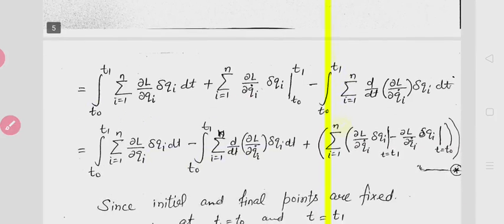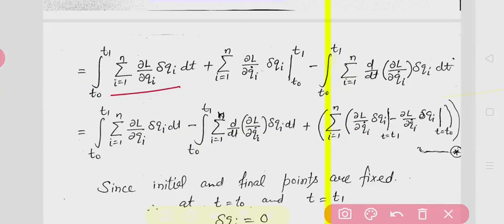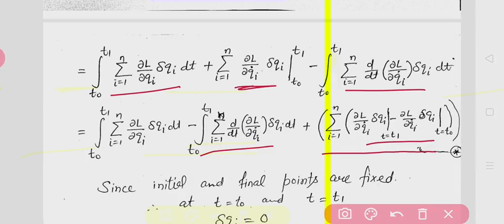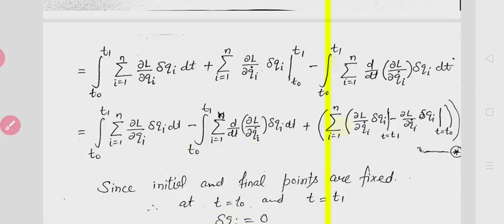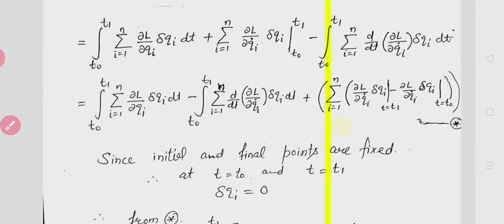So when you collect the terms, take the first as it is here, and this will be the value of this at t1 minus the value of this at t0. But we are showing that all the paths have the initial point m0 and the final point m1.